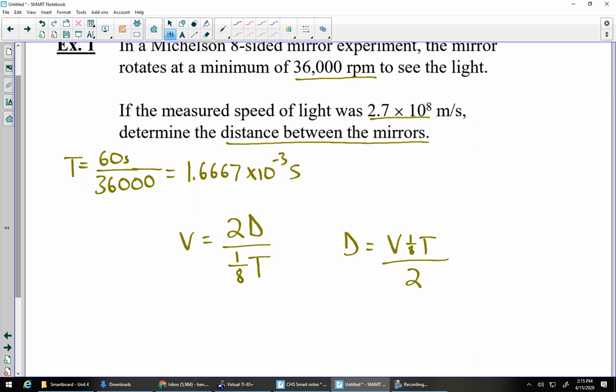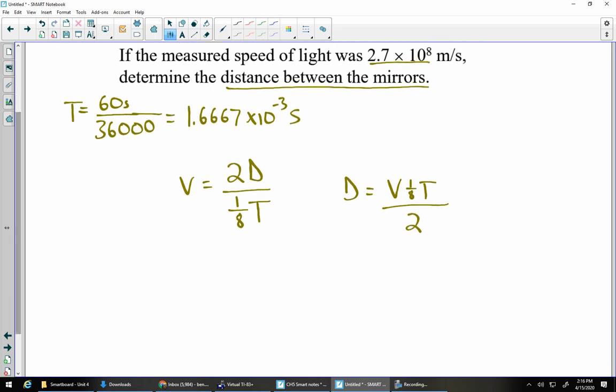Cool. Now that fraction inside of a fraction can be a little bit annoying. So you can turn that into a decimal if you want to. You could also recognize that multiplying by 1/8 is the same thing as dividing by 8. You could also just plug it in as is, and you would definitely still get the same thing. So let's go ahead, let's plug some numbers in.